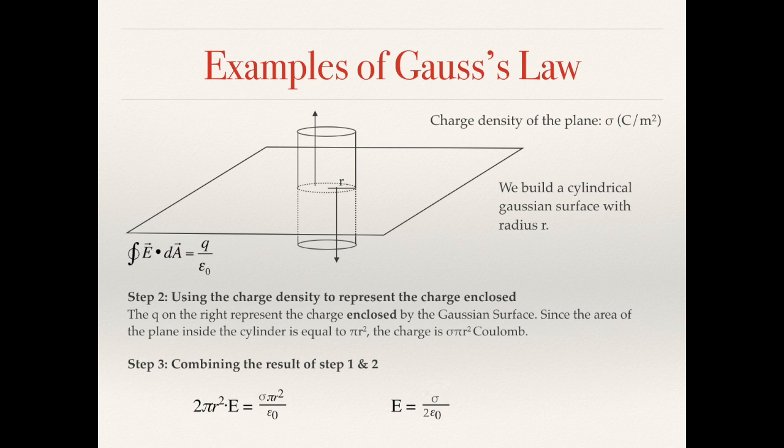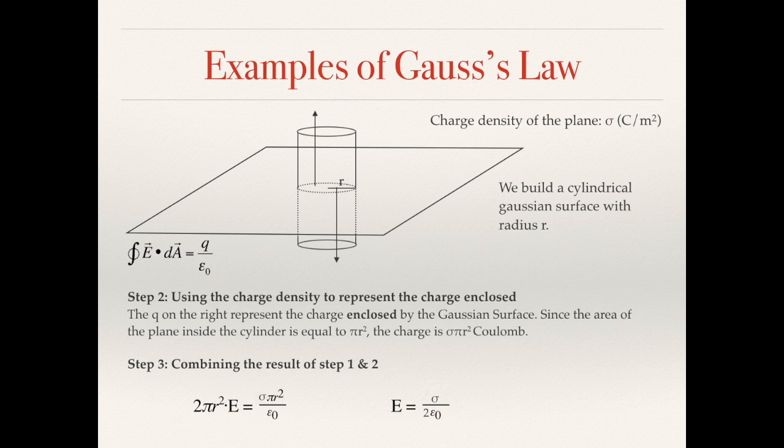After we simplified the left part, we are going to deal with the right part, which is relatively easy. The Q enclosed by that cylindrical surface is just the little circle area of the plane inside the cylinder, and that area is equal to pi r squared. And there's another thing, the charge density of the plane, sigma, whose unit is coulomb over meter squared.